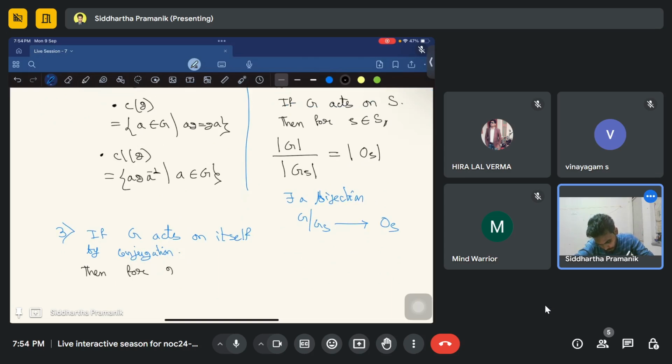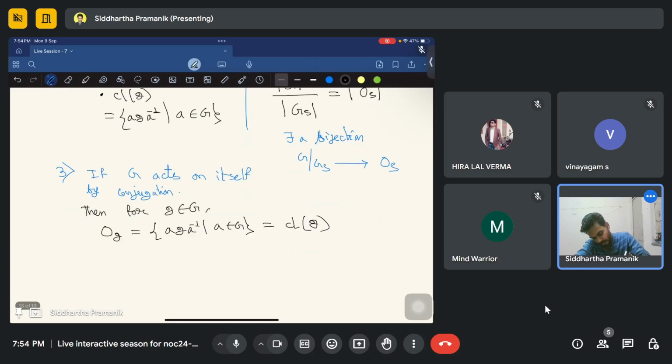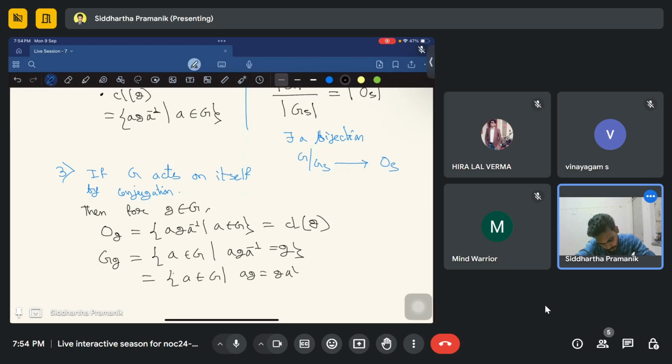For g belonging to G, the orbit is {aga^-1 such that a belongs to G}. So this is the conjugacy class of g, and the stabilizer of g is {a belonging to G such that aga^-1 equals g}. Yes, it is the centralizer. So a belongs to G such that ag equals ga. So it is the centralizer.